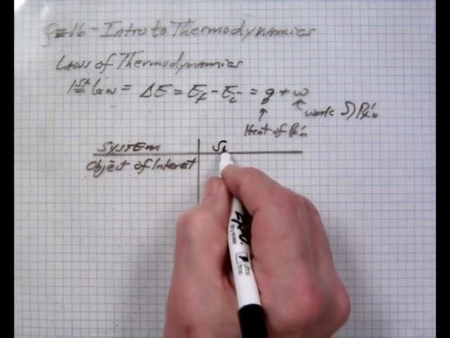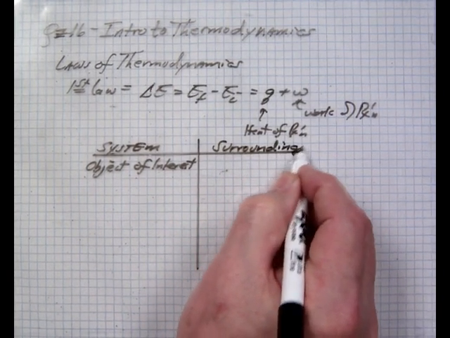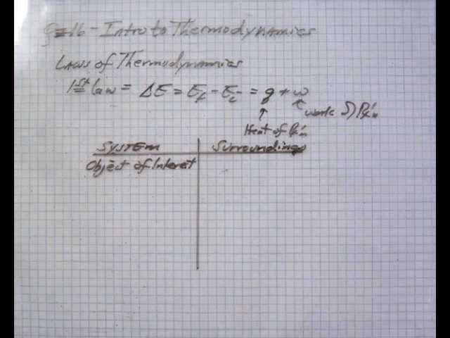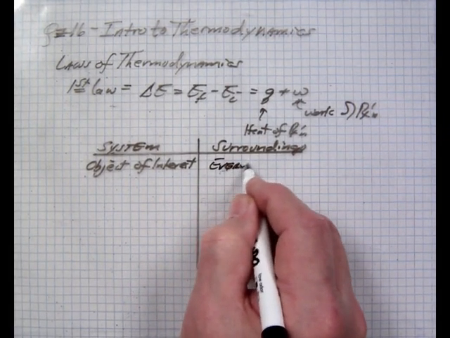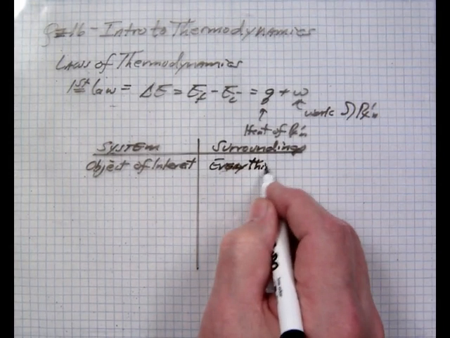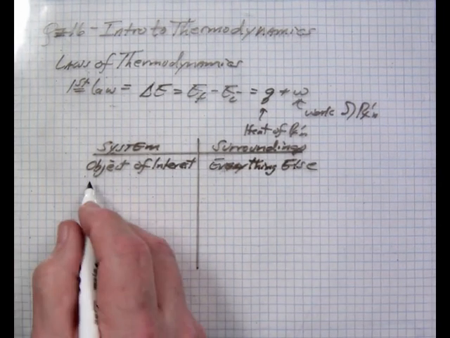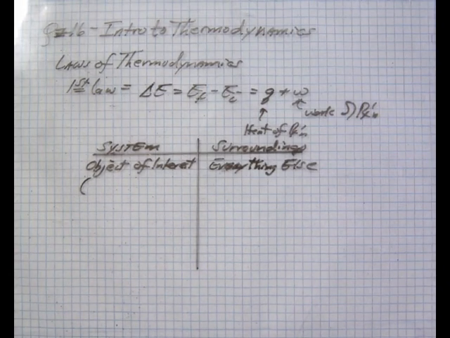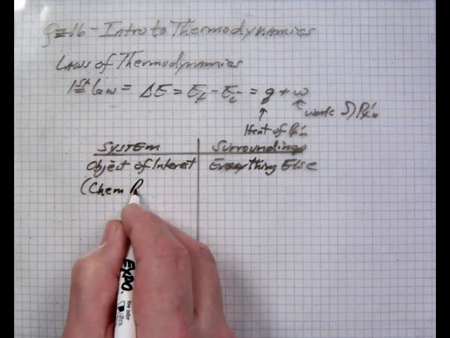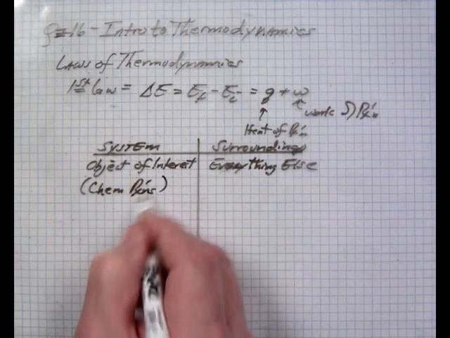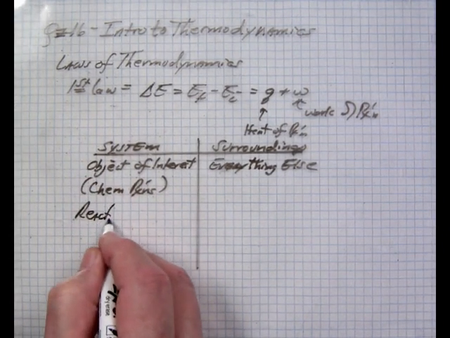And when we talk about surroundings, we're talking about everything else. In chemistry, our objects of interest for the most part are chemical reactions, and that includes reactants and products.